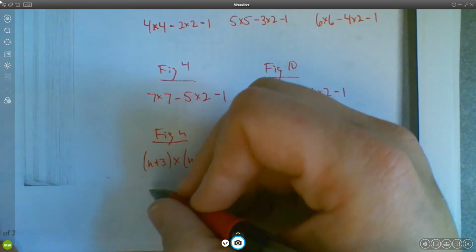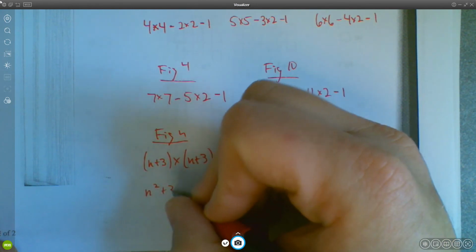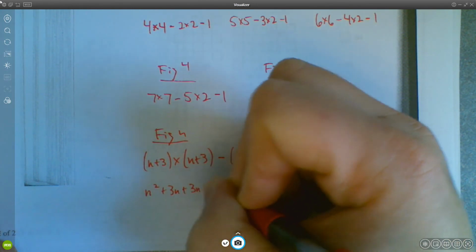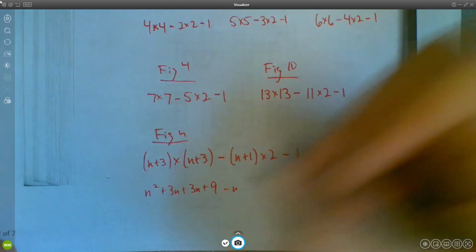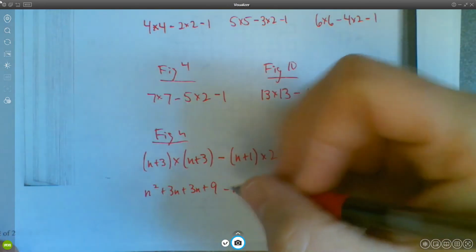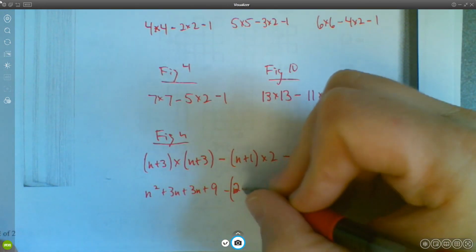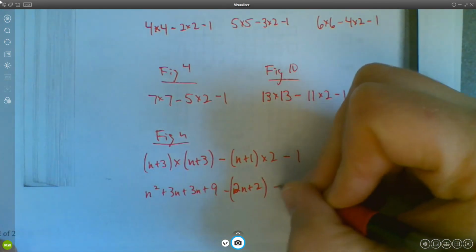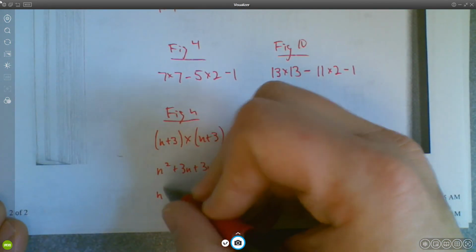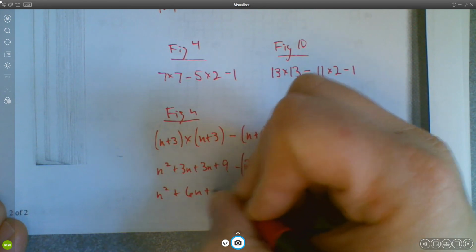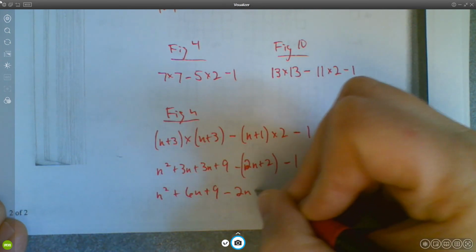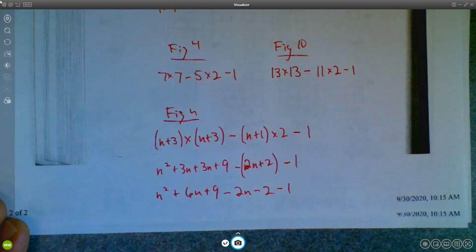We can simplify this now. We've got n squared plus 3n plus 3n plus 9 minus, let me distribute the 2 first actually. So I'm going to say minus 2n plus 2 minus 1. So this is n squared plus 6n plus 9 minus 2n minus 2 minus 1.